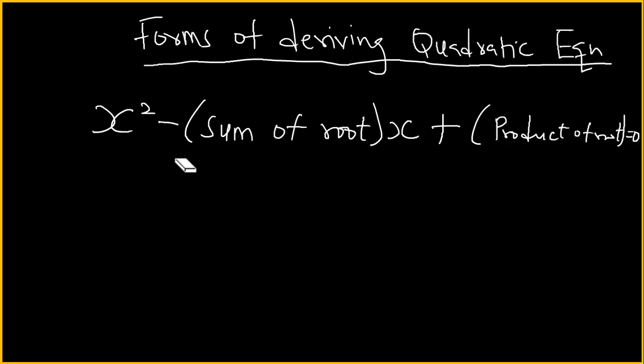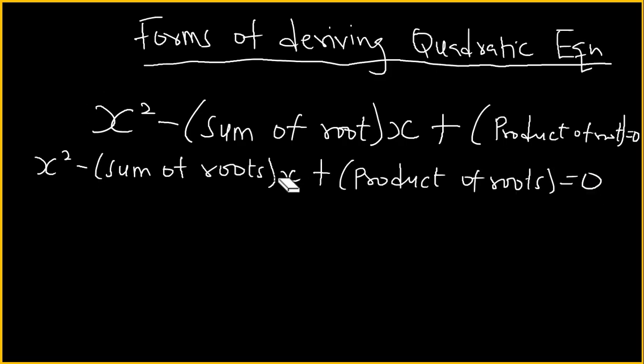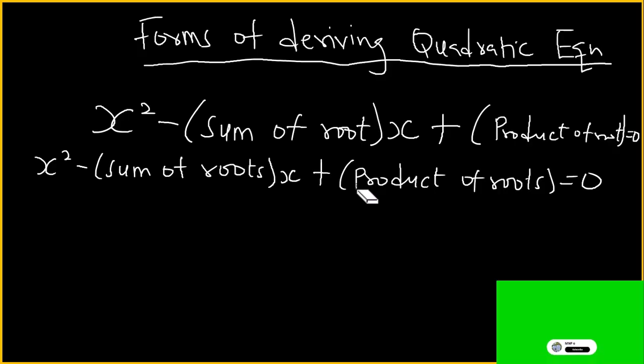So x squared minus the sum of roots times x plus the product of roots equals 0. So we are going to form a quadratic equation when the roots are given by using this approach in deriving the quadratic equation. So let's find the quadratic equation.